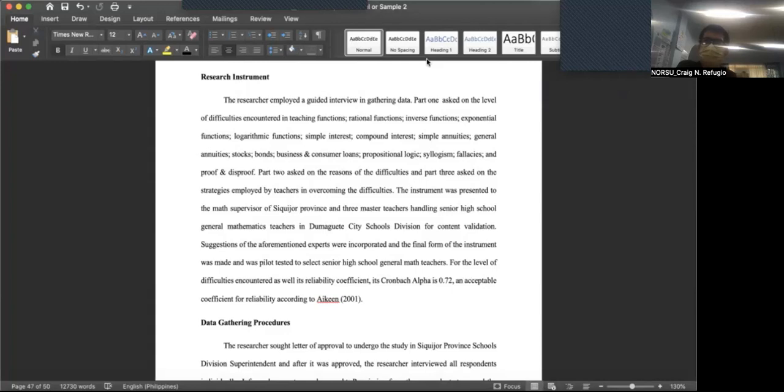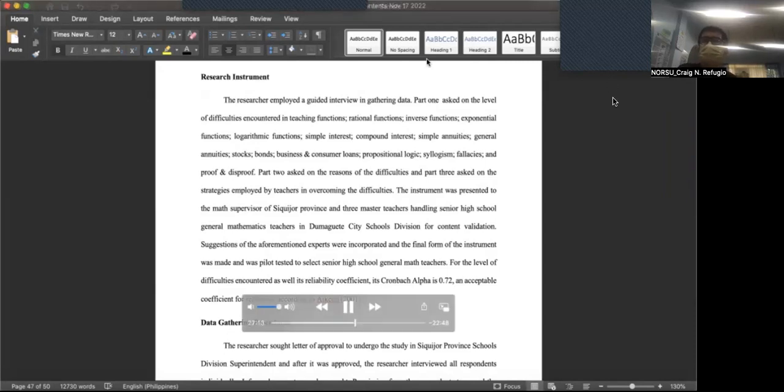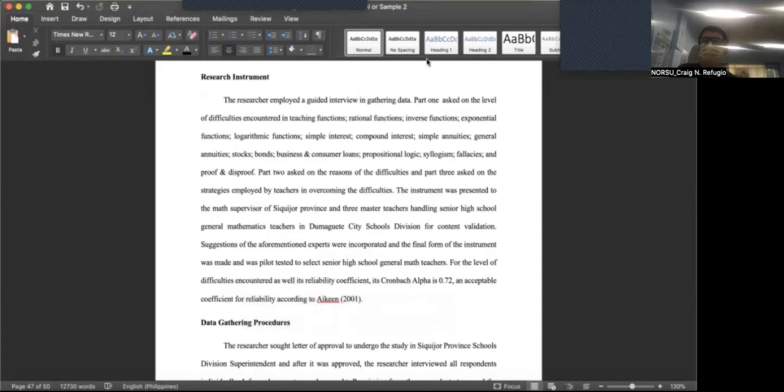So have a pilot testing to find out if it is readable and understandable. So we look into the readability and the understandability of the research instrument. Do you follow? Yes, sir.